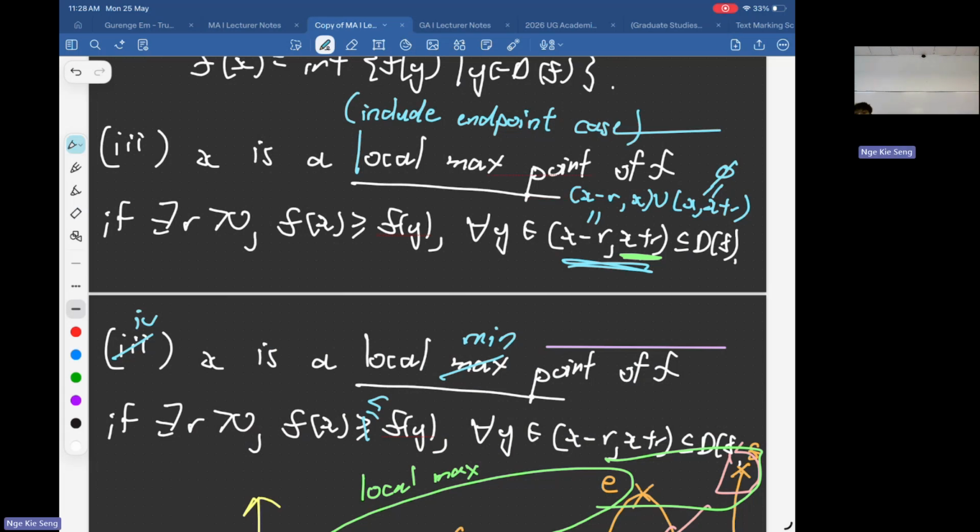Good. But in this case, I think we didn't do one-sided derivative in this course yet. So we don't discuss derivative at the endpoint. We assume there is no derivative there. Actually, if you want to do one-sided, it also makes sense, right? You get what I say?